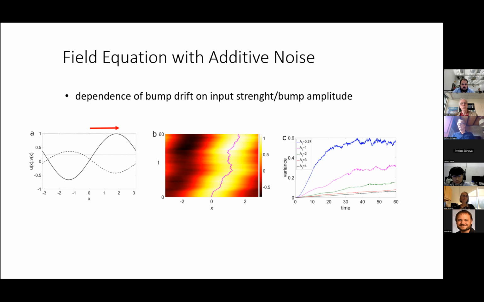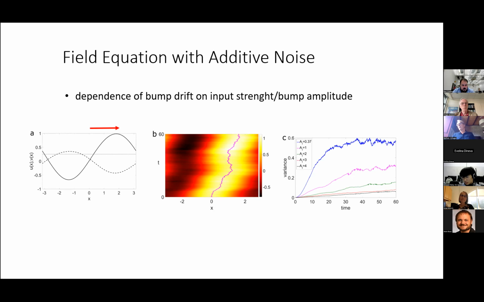There are nice examples from the Barcelona group showing that this bump drift is correlated with behavior in monkey experiments. Here you have the heat map, it drifts. You can describe it as a diffusion process, meaning that the variability increases with time.